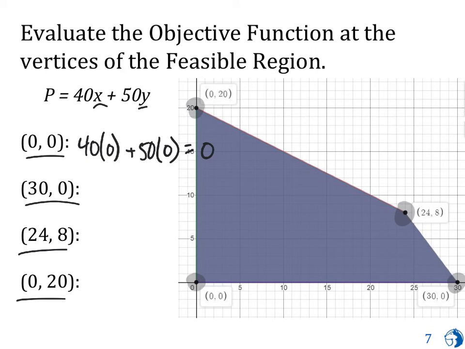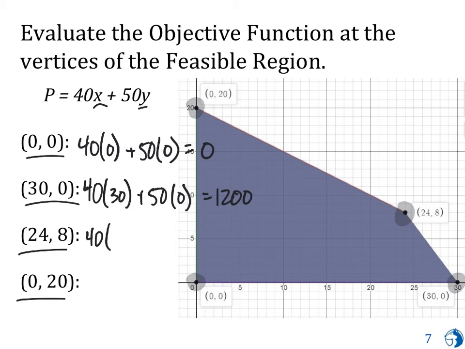That's not such a good profit, right? So then the next one we would do is 40 times 30 plus 50 times 0, which is 1200. We would have 40 times 24 plus 50 times 8, which is 1360.